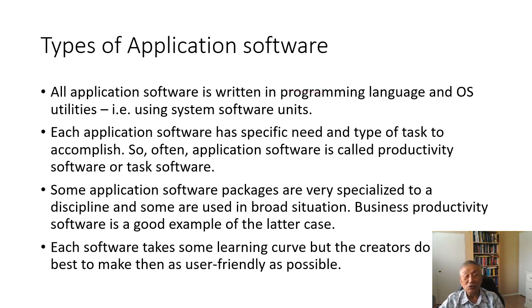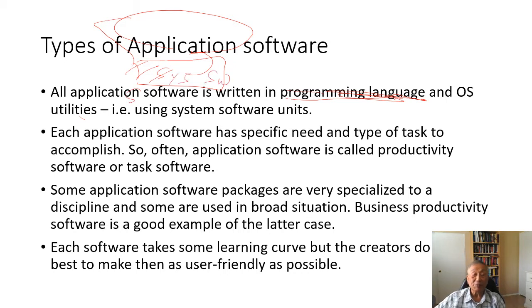So it uses the programming language, and also OS utilities. There have to be file access units or virus checkers, memory managers. All those things are needed. Therefore, that application software is built above or on top of system software.